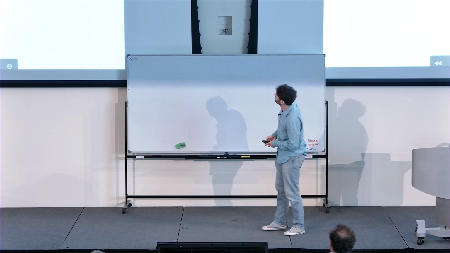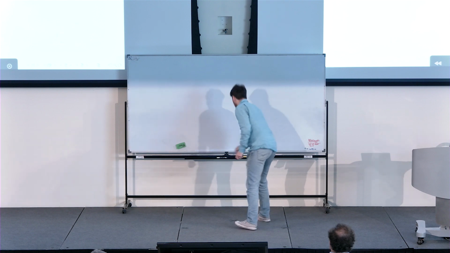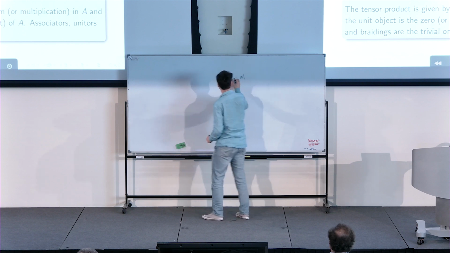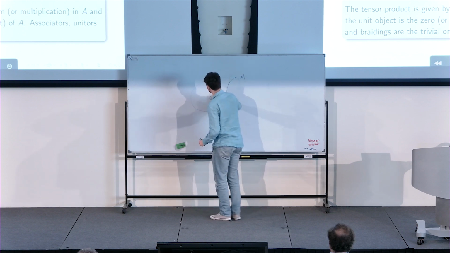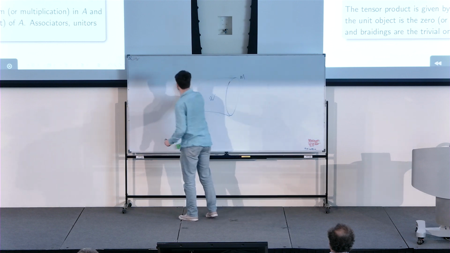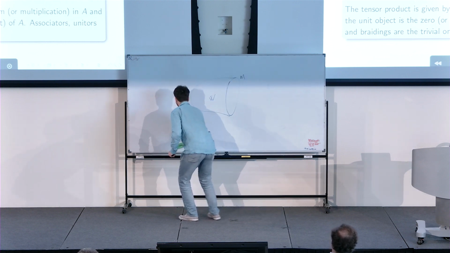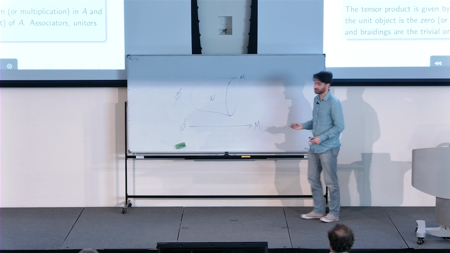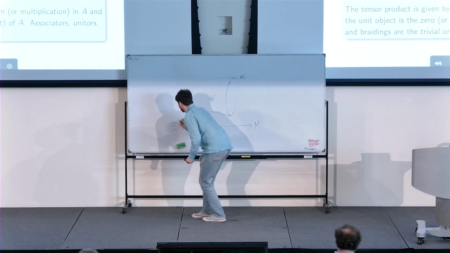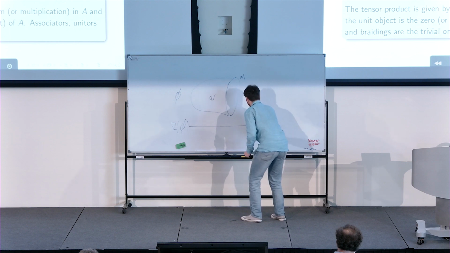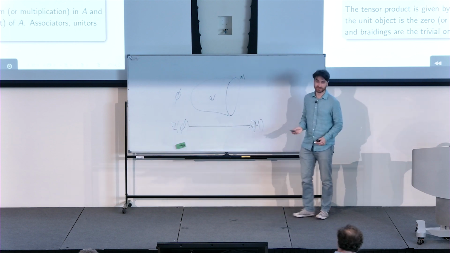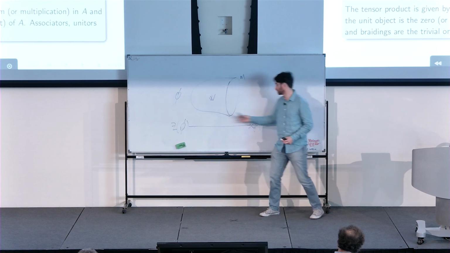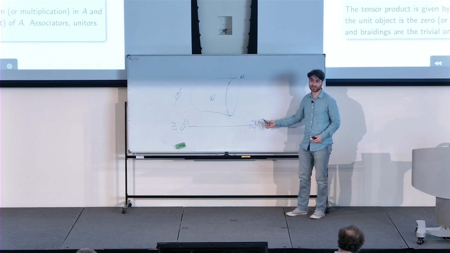This means that if I have my manifold M, which is the boundary of W, I can think of this as a map from the empty manifold to M. So this will correspond to a morphism from Z of the empty manifold to Z of M. Now the empty manifold is the unit, the functor is monoidal, so it has to go to the unit in A, but the unit in A is the 0 element.